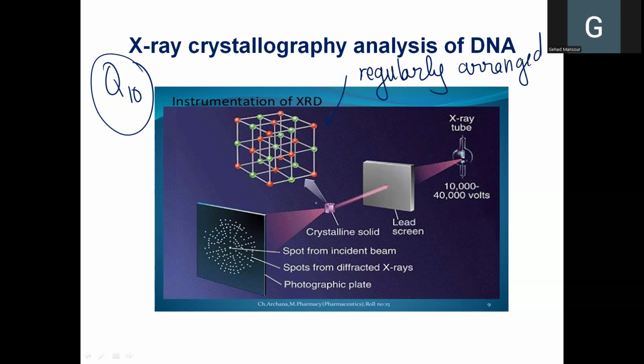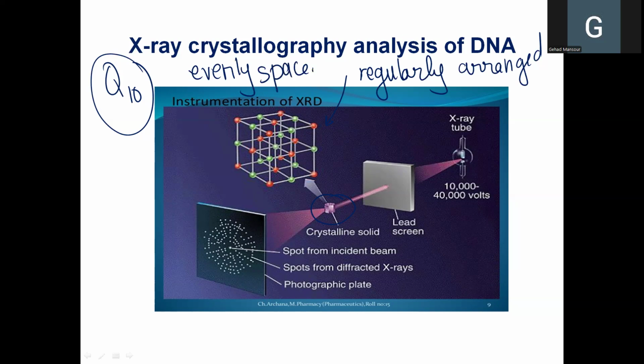So we didn't even need to crystallize DNA because it's highly regular. But whatever other substance should be put in a crystalline form. And this means that the atoms are regularly arranged, and by regularly arranged, we mean that they are evenly spaced.